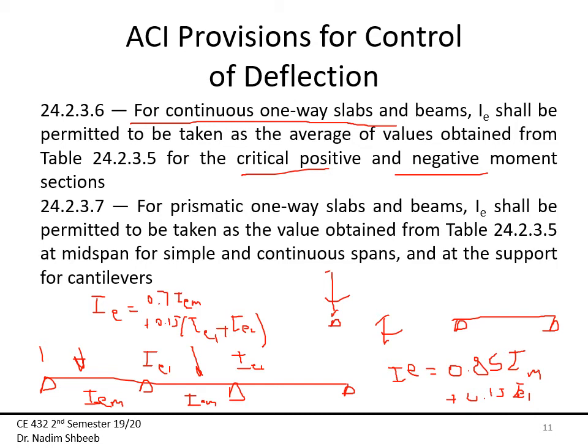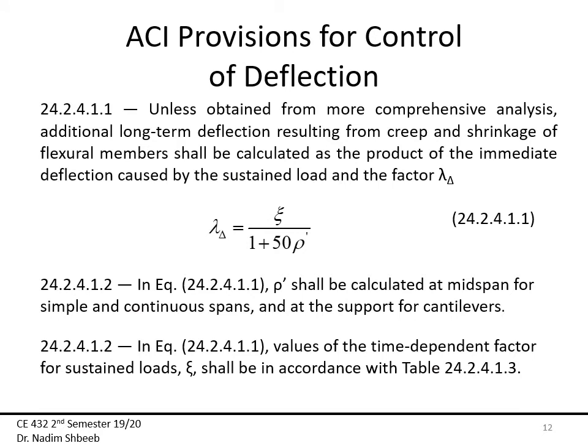If I have just a simple span like this, then IE is just I mid at midspan. So these are some of the average values that we can take for the value of the effective moment of inertia.